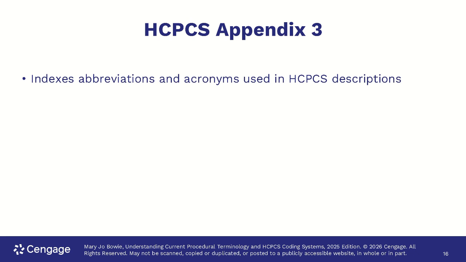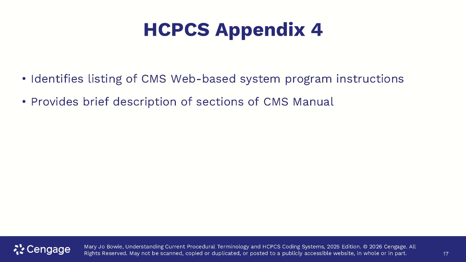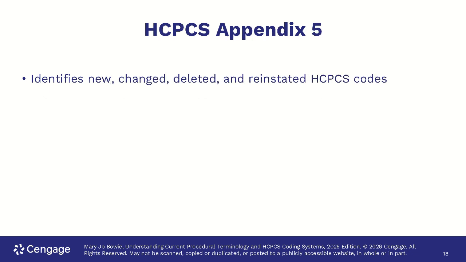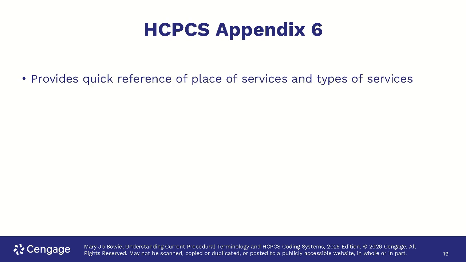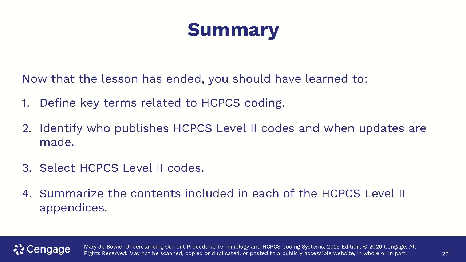Here you have some abbreviations and acronyms that are used in HCPCS. 4 identifies a listing of CMS web-based manuals. 5, new, changed, deleted, and reinstated HCPCS codes. Yes, sometimes they bring them back. Appendix 6, a quick reference of place of services and type of services. And as you know, that's needed for claims.